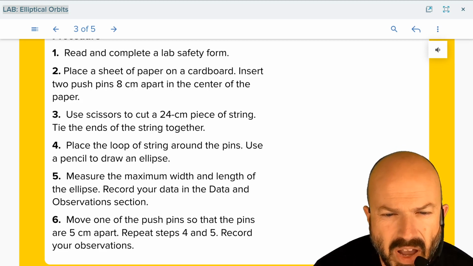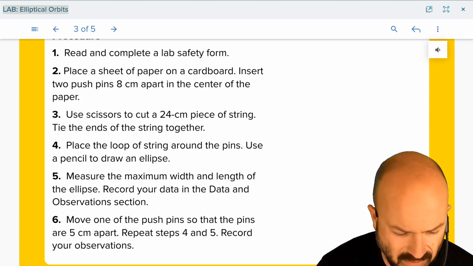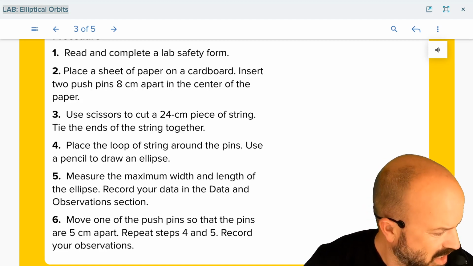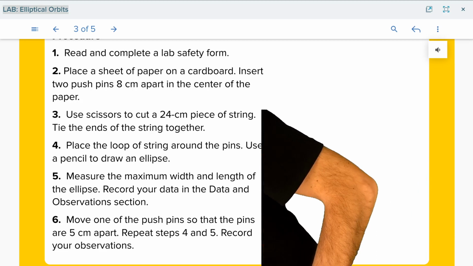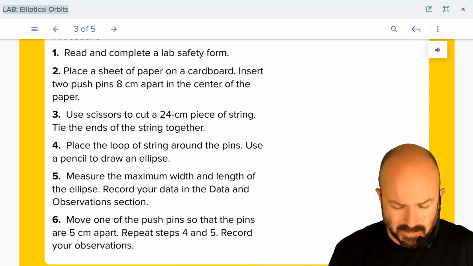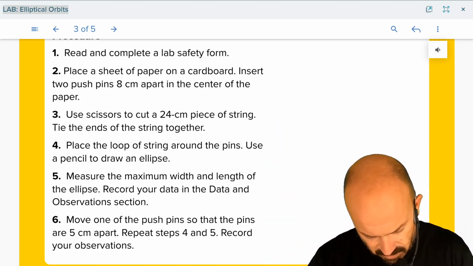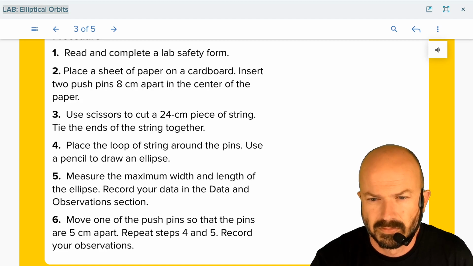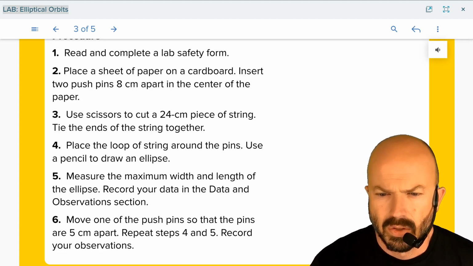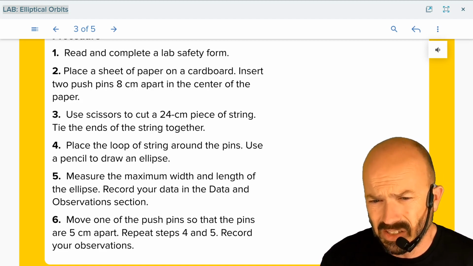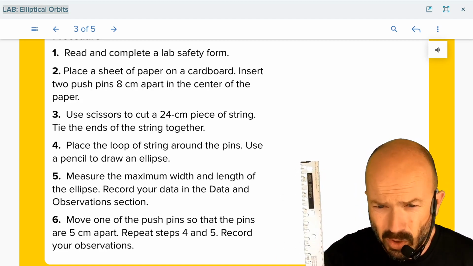We need to measure the maximum width and length of the ellipse. Let's go ahead and do that. I'm going to grab a tape measure. Oops, my tape measure was in inches, so I went and grabbed a ruler.